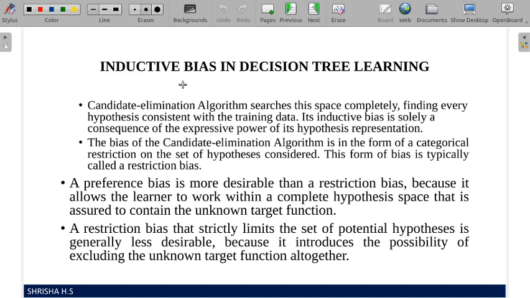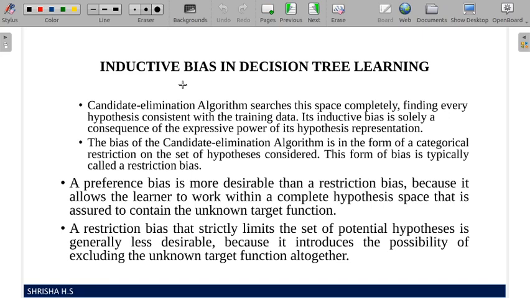The bias of the candidate elimination algorithm is in the form of a categorical restriction on the set of hypotheses considered, restricting between the general and specific hypotheses. This form of bias is called restriction bias.